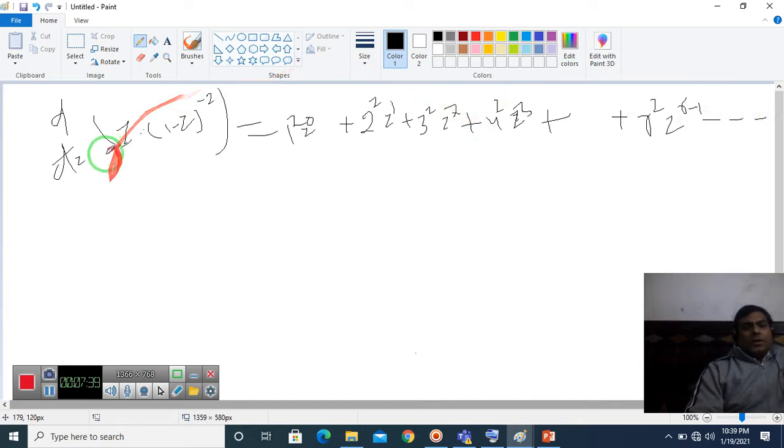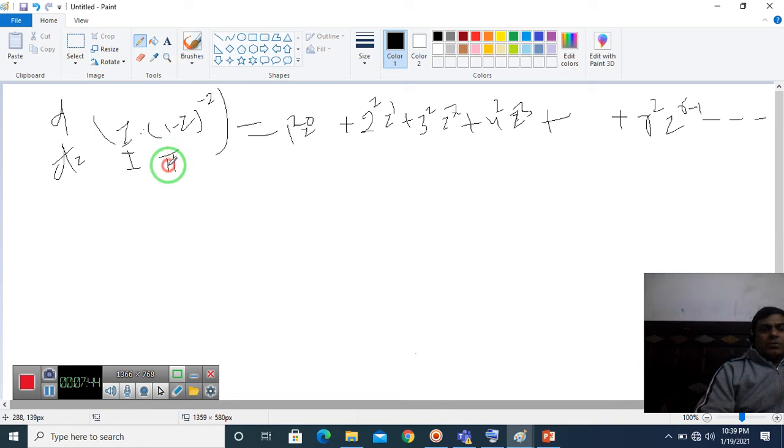If you multiply that, it becomes first and second function. The differentiation of the first function with respect to z is 1, times the second function as it is, 1 minus z to the power minus 2, plus the first function times the differentiation of the second function, which becomes minus 2 times 1 minus z to the power minus 3, and also the differentiation of 1 minus z gives minus 1.